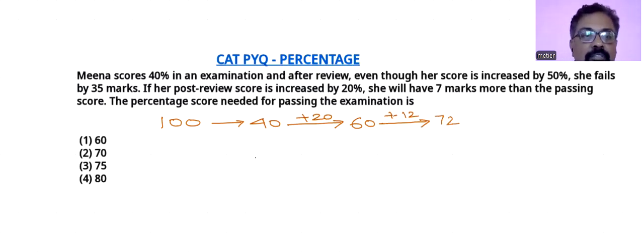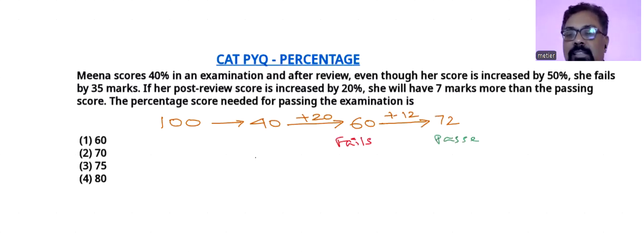Now one thing is very important here. When her score was 60, she fails. But when her score is 72, she passes.